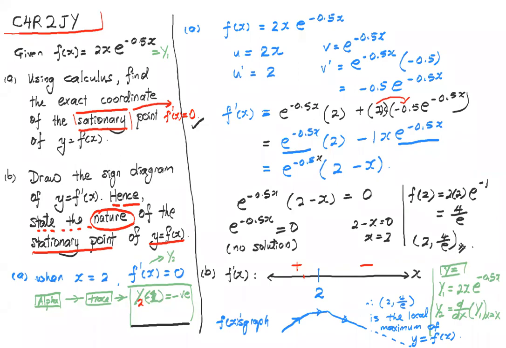Yes. Instead of saying to find out the stationary point, you should say whether the stationary point of y equal to fx is a local maximum, local minimum, or, if you look at the textbook, there is another one. There are 3 types of stationary point. Am I right?